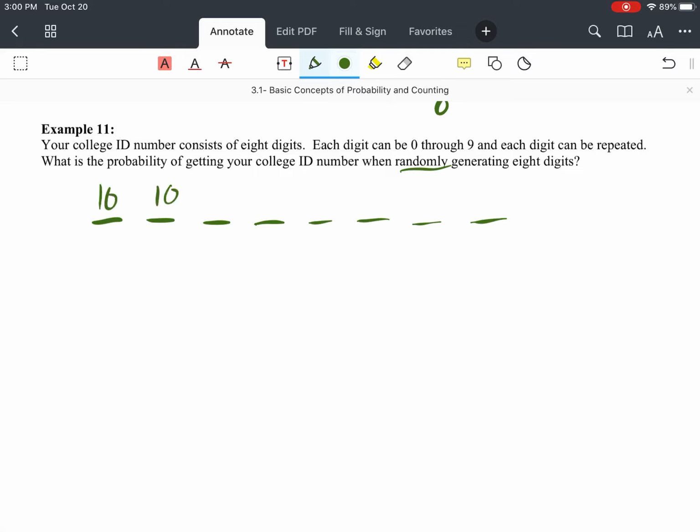So the probability of the first one is 10. Then we have 10 choices on each of these because they can be repeated. Okay, and when we multiply these out, we get a 1 with 8 zeros behind it. Okay, and that just happens to be 100 million.